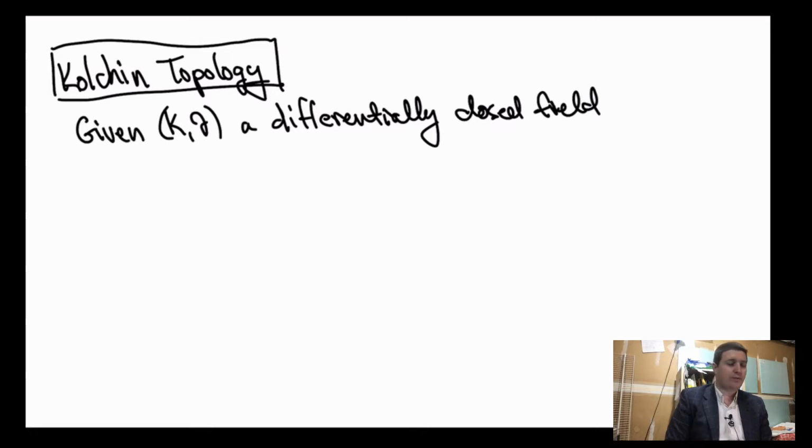So you have some differential equation that an element satisfies, and then something that it doesn't satisfy. Another weird thing about differentially closed fields is that every differentially closed field has a subfield that's also differentially closed. That's weird. Not every algebraically closed field has a proper subfield that is algebraically closed.